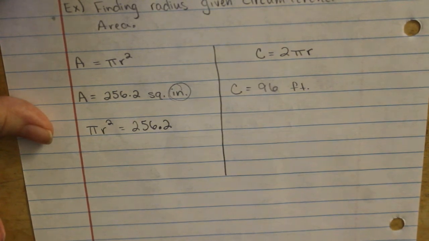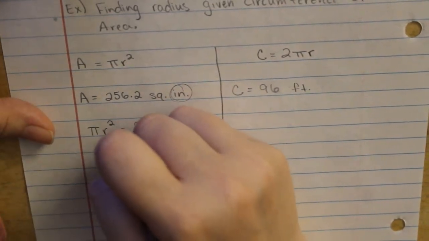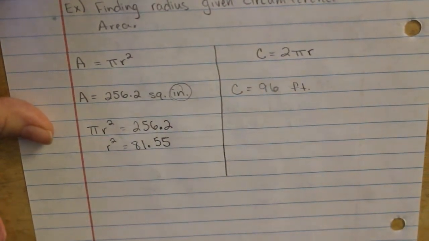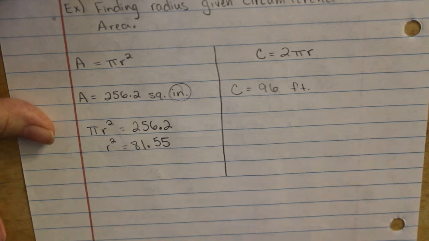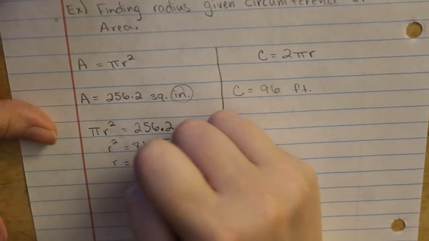So I've got 256.2 divided by 3.1416, and I end up with r squared equaling 81.55. I can now take the square root of 81.55, and that's going to give me my radius equaling 9.03.